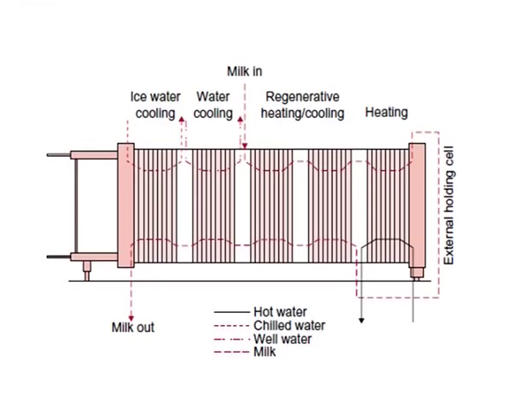The heated fluid then surrenders part of its heat to the incoming raw fluid in the regeneration section. The cold stream is heated to a temperature where it requires little additional energy to bring it up to the desired temperature. This figure shows a 5-stage plate pasteurizer for processing milk.